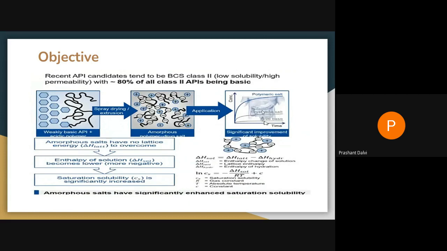But the free base shows very little absorption, and that's why it shows subclinical, sub-plasma level concentrations.